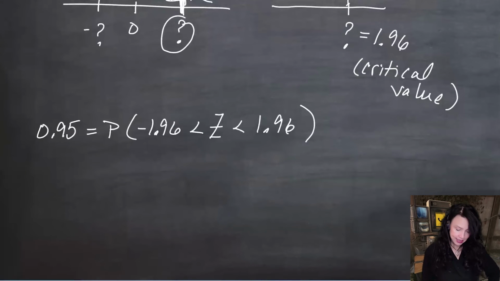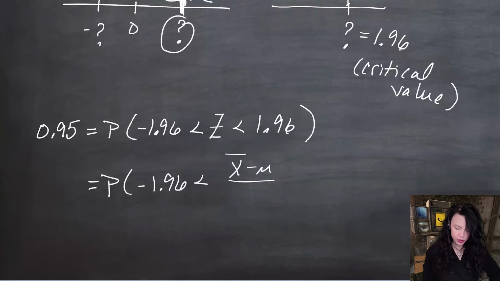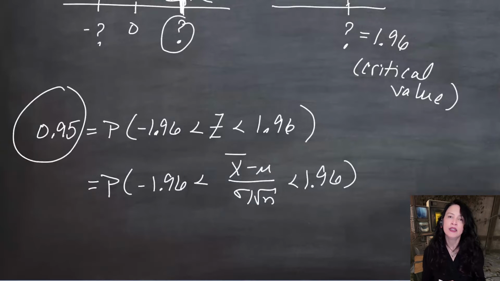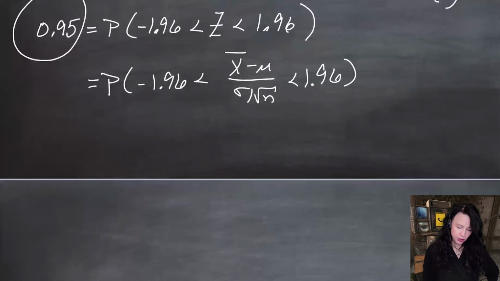What was Z? Z was X bar minus mu over sigma over the square root of n. Let's plug that in. And remember what we're trying to do. We're trying to find an interval with random endpoints that captures mu in the middle with the desired probability. So the final step here is going to be to solve for mu in the middle.